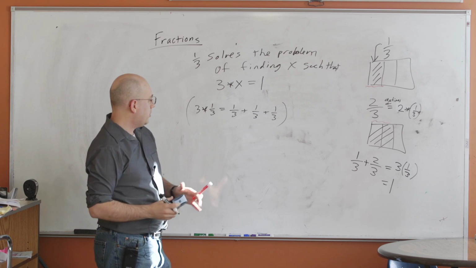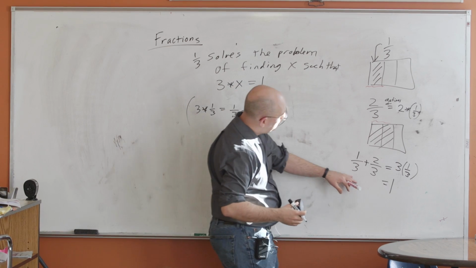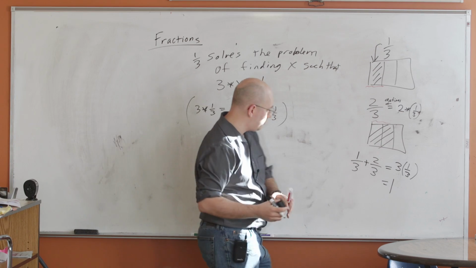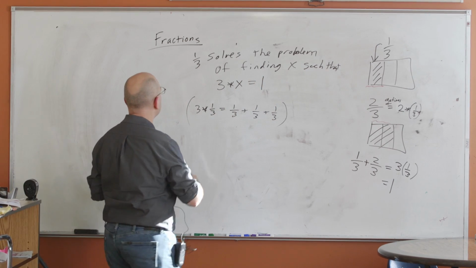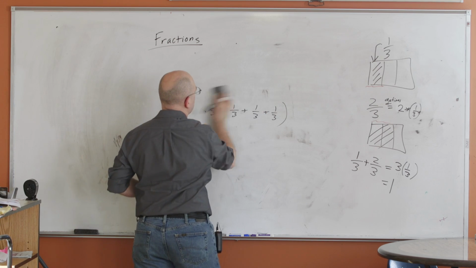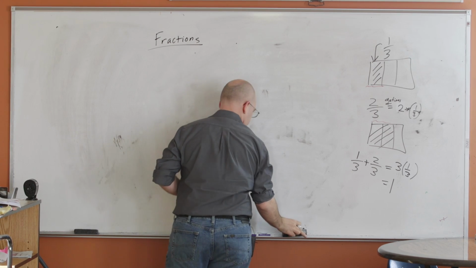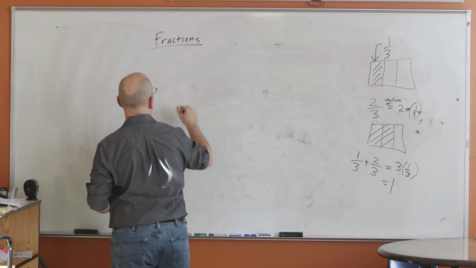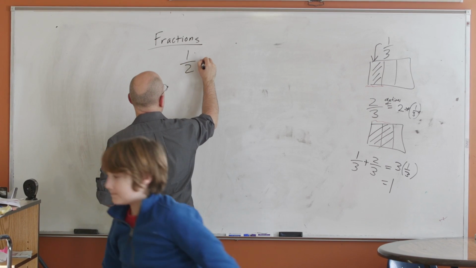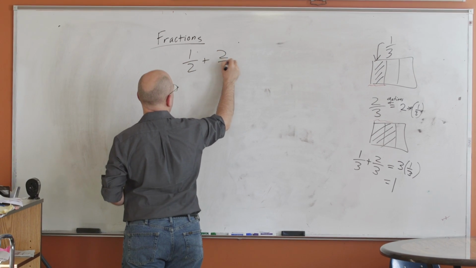All right, so we know how to add things when you've cut the thing up into the same base parts. What about adding stuff with different denominators? So 1/2 plus 2/3.